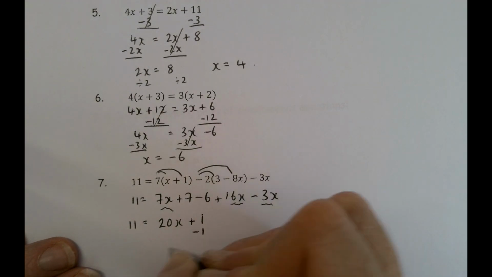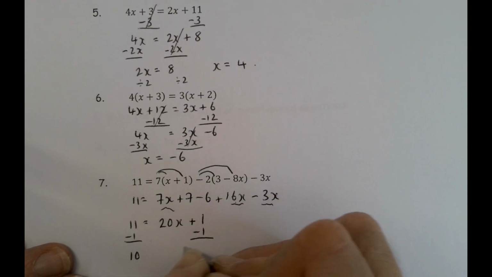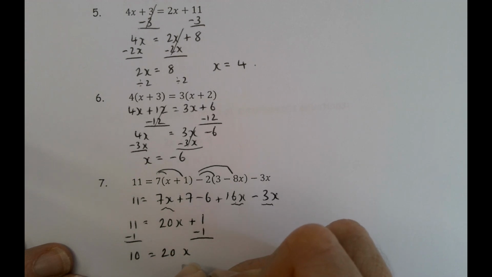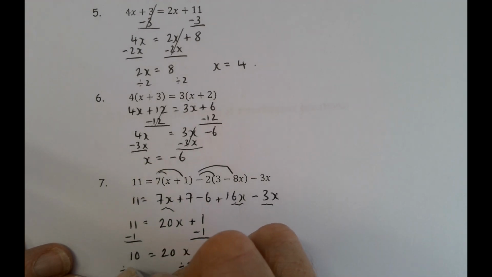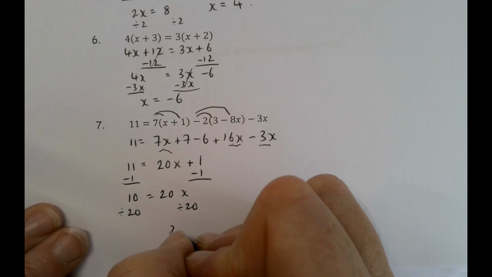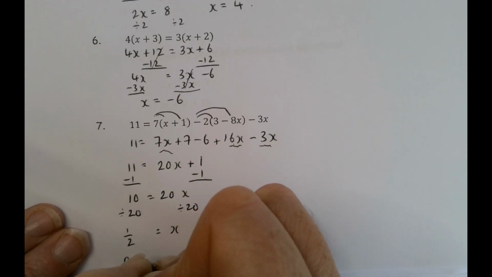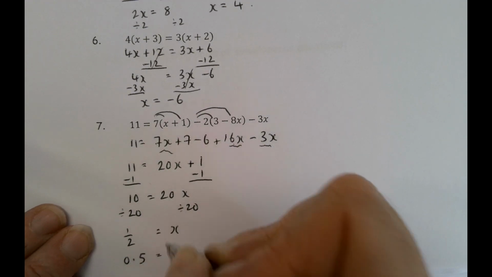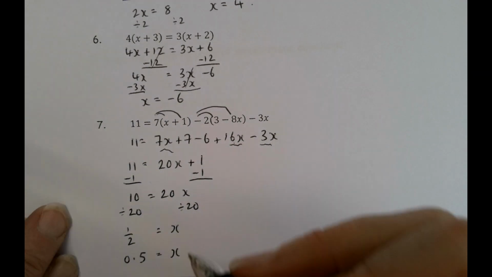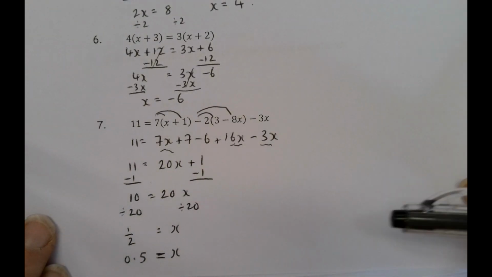Okay, subtract 1, 10 is equal to 20x. Divide by 20, divide by 20. x is equal to a half or 0.5. So just be careful in that last bit. It's 10 divided by 20, not 20 divided by 10.